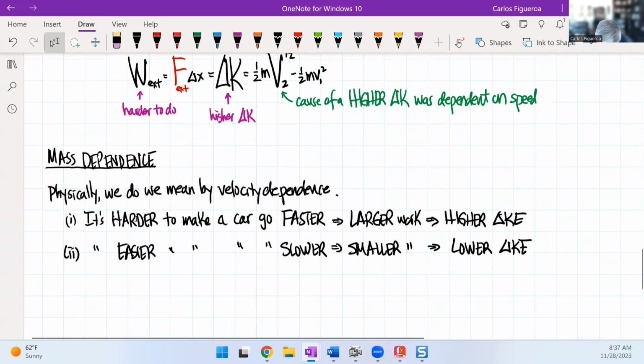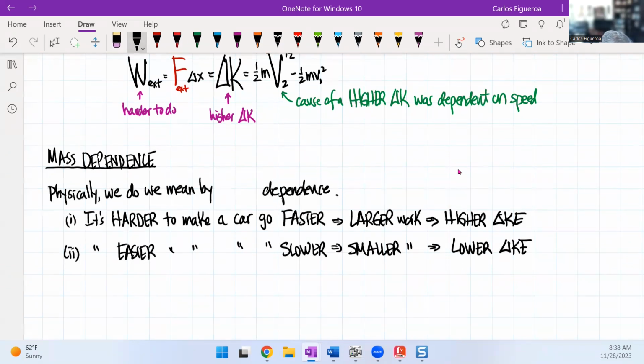Well, it depends on whether it's harder or easier to make the object move, to have a higher change in kinetic energy. So the big difference here is that we take out velocity and now we replace it with mass. It's harder to make, not a car, but let's say a truck go faster.